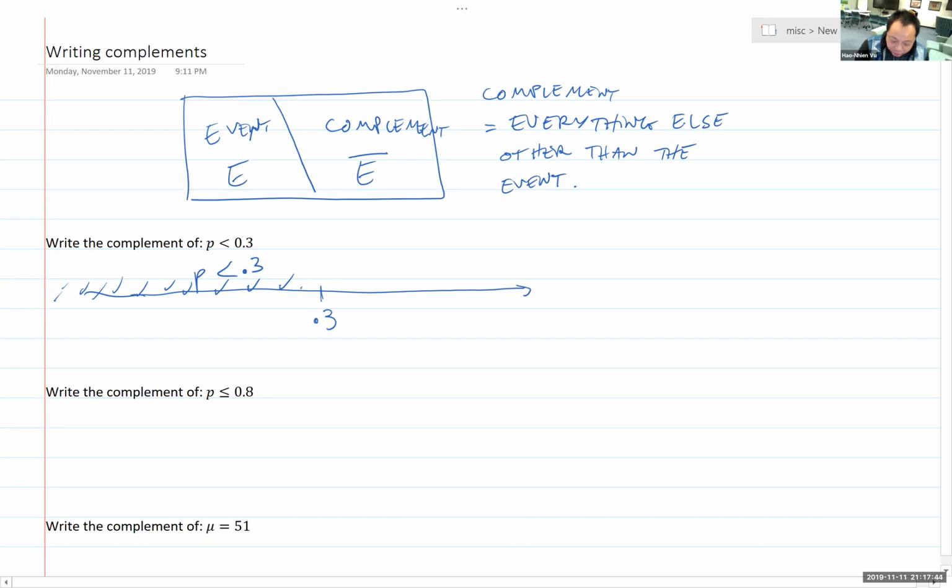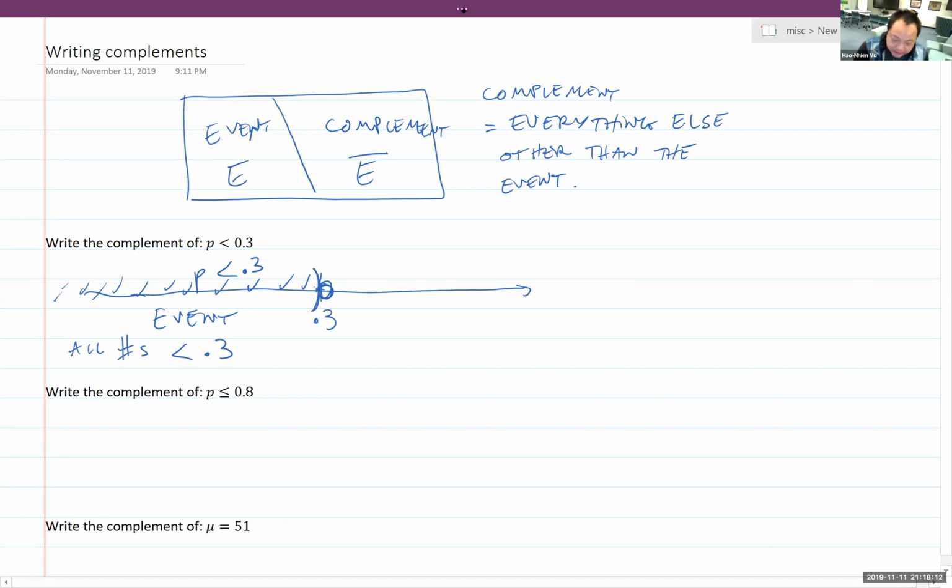P could also be 0.25, 0.26, 0.27, 0.28, 0.29, everything short of 0.3. So 0.3 itself is not part of the event. All numbers less than 0.3. So the event is on this side.